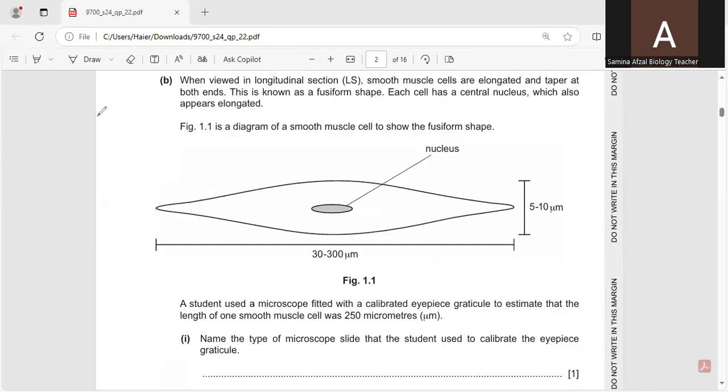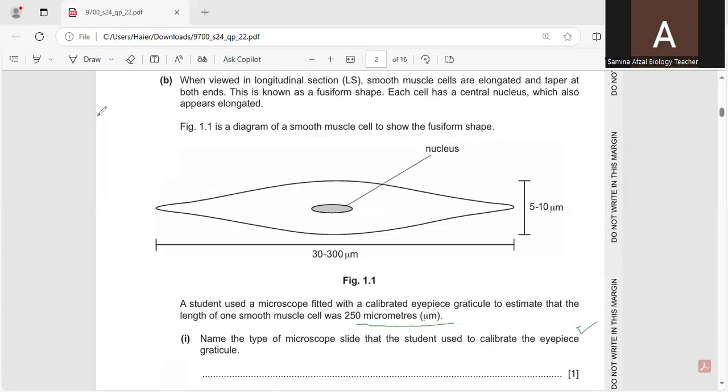A student used a microscope fitted with a calibrated eyepiece graticule to estimate that the length of one smooth muscle cell was 250 micrometer. Name the type of microscope slide that the student used to calibrate the eyepiece graticule. You know, the eyepiece graticule is the scale which is kept in the eyepiece.